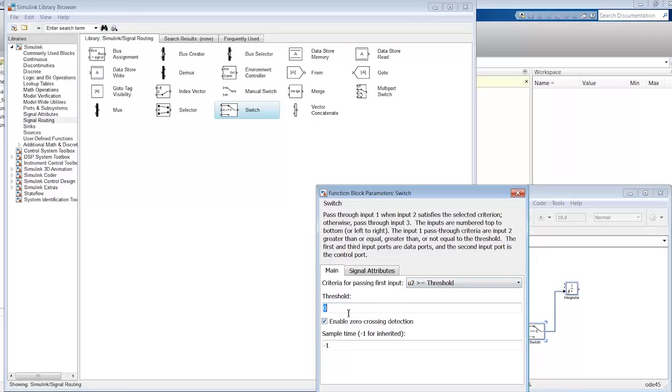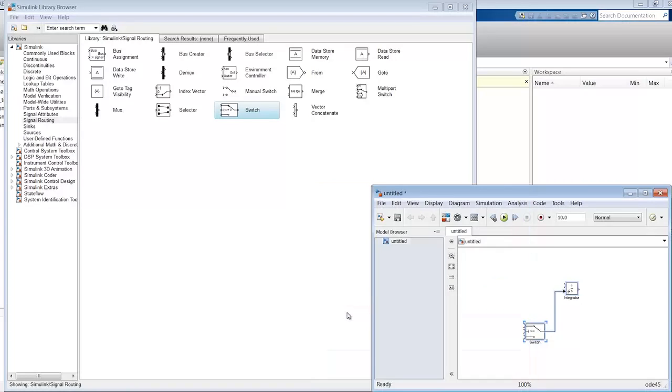Now we define some threshold, and when this threshold is exceeded, the signal of the upper input is forwarded, else the lower one. If the upper input's value is now larger than the lower one, then we are able to generate the desired rising edge of the integrator's reset input.